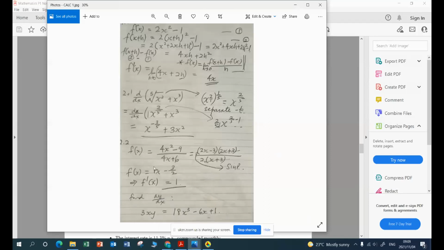Right, so 4x squared minus 9 is the difference of two squares, 2x minus 3 times 2x plus 3. The denominator 4x plus 6, 2 is a common factor, 2 into 2x plus 3. There's something missing, the 2 is missing, and you cancel that out. So you're left with dividing 2x minus 3 by 2, you get x minus 3 over 2.